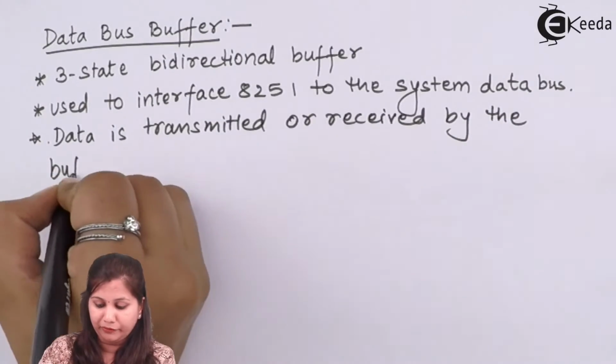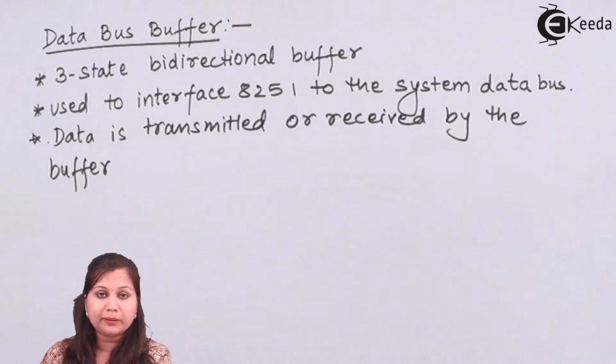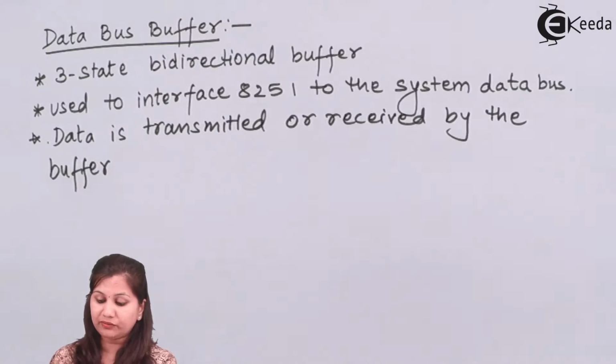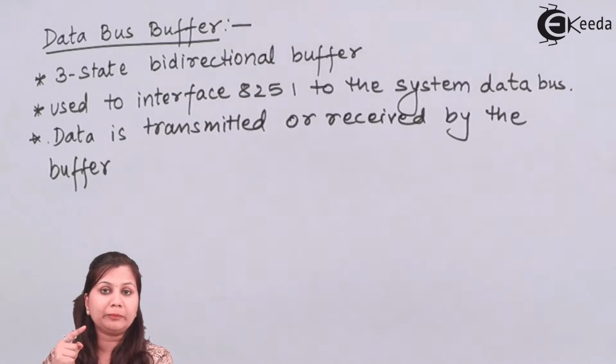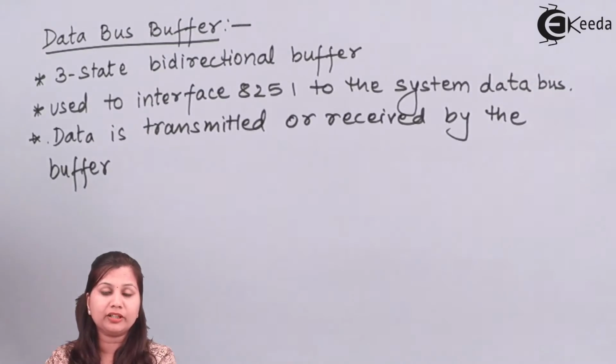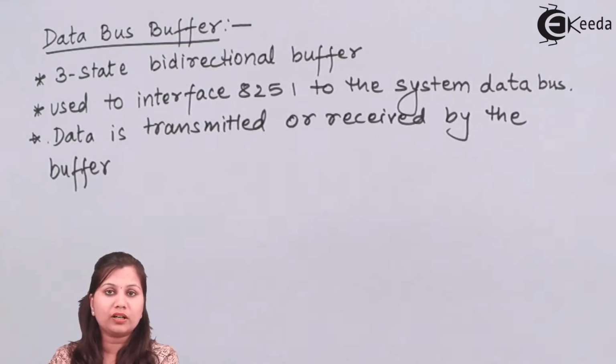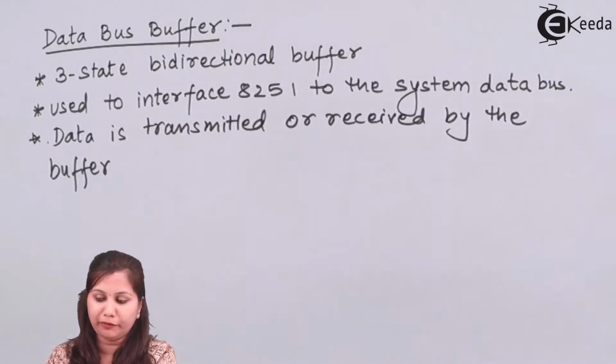by this buffer. Now, when the buffer is going to transmit or receive the data, that command will be given by the microprocessor. When the microprocessor gives the control signals to the 8251, according to those control signals, data will be transmitted or received by the buffer.